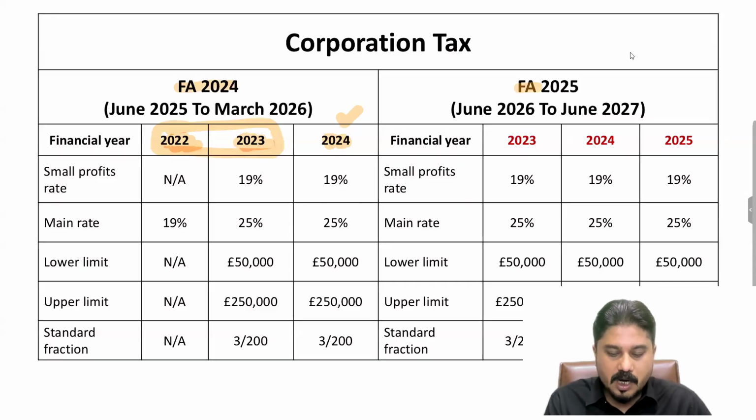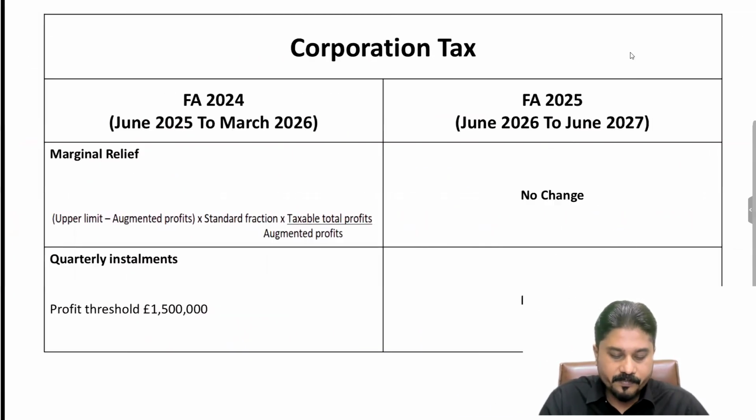And now as we are talking about Finance Act 25, with this year, previous 2 years are 2023 and 2024. Other than this change in heading, there is no change in the tax rates and allowances for corporation tax purposes, right? So the things which were there in the Finance Act 24 are still applicable for the Finance Act 25.